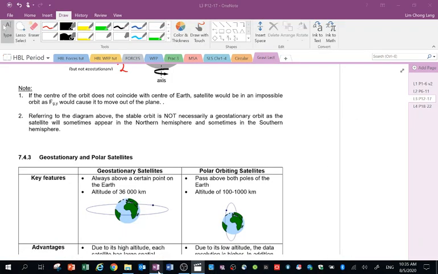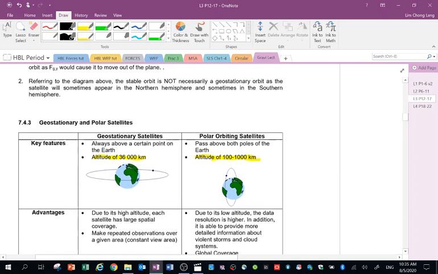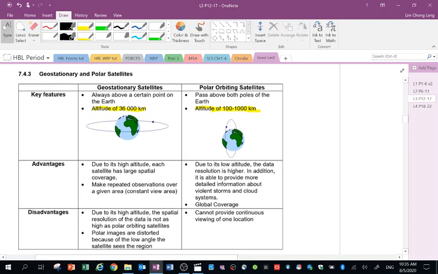Okay, we are going to compare geostationary satellite with polar satellite. Geostationary satellite is much higher. So take note of this. The altitude is much higher than that of polar satellite. What are the advantages and disadvantages of geostationary satellite?